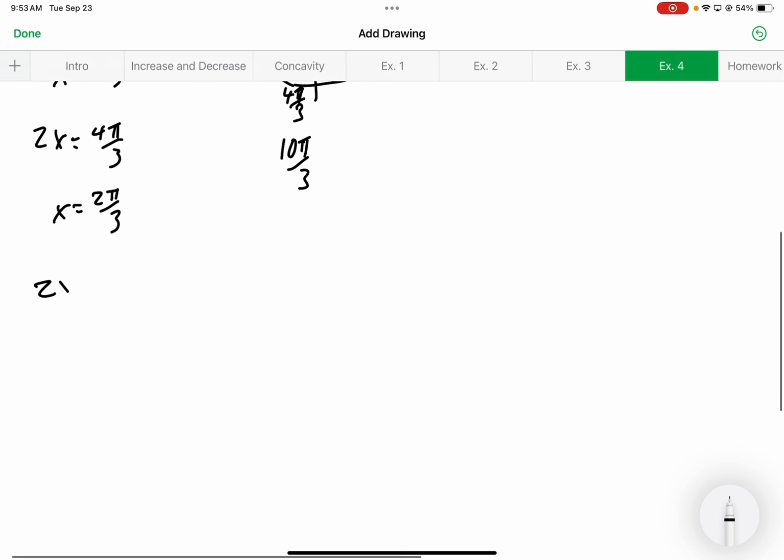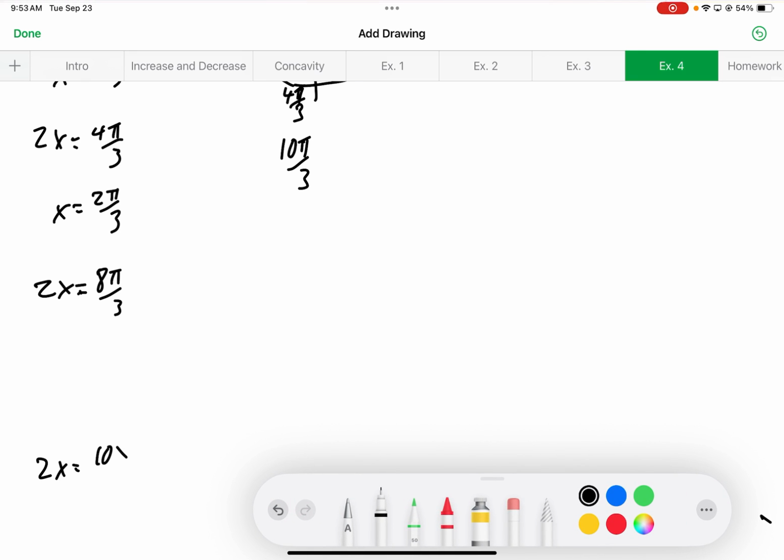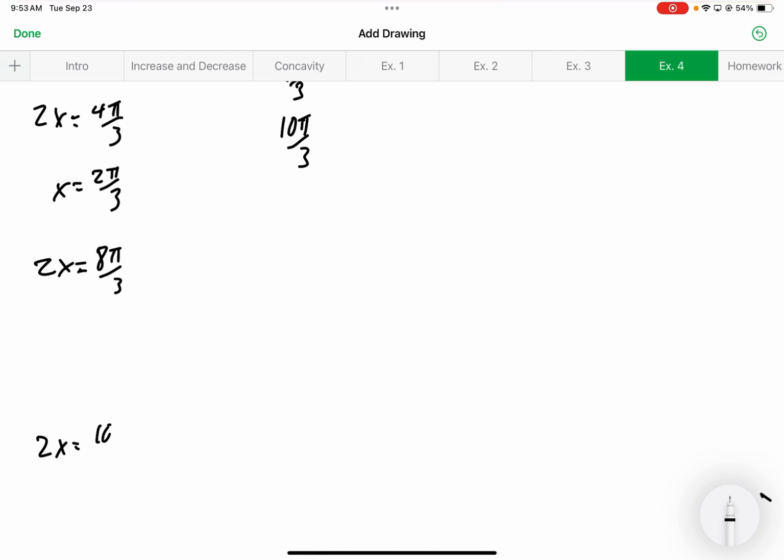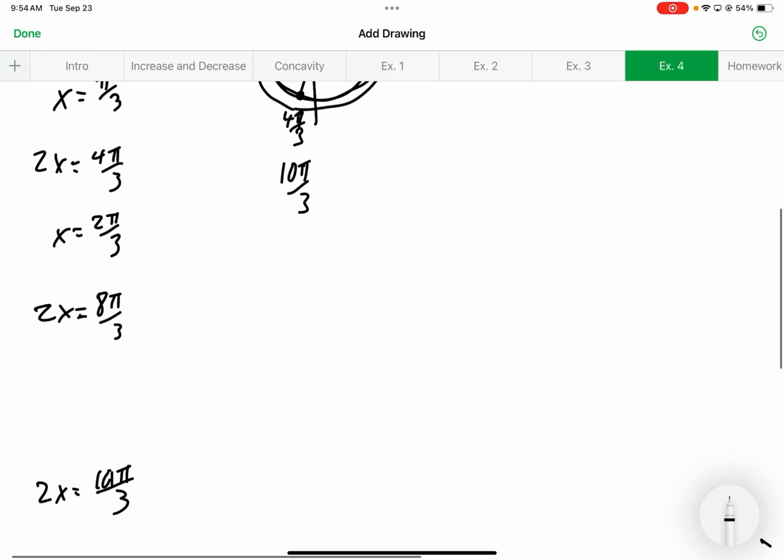So if I do 2x equals 8 pi over 3, and then 2x equals 10 pi over 3, let's just solve those real quick. I would have to divide both sides by 2, or multiply by a half. So I would get x is equal to 8 pi over 6, which is 4 pi over 3.